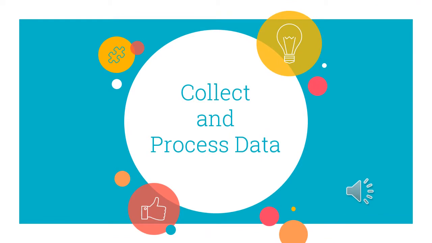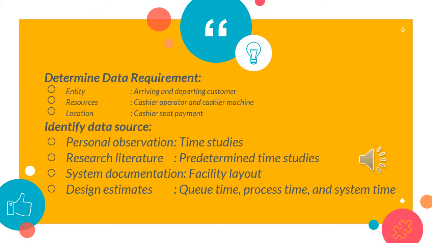Next, we go to the collect and process data. In this slide, we determine data requirement like entity, resource, and location. In entity, we have arriving and departing customer. In resource, we have cashier operator and cashier machine. And in location, we have cashier spot payment.